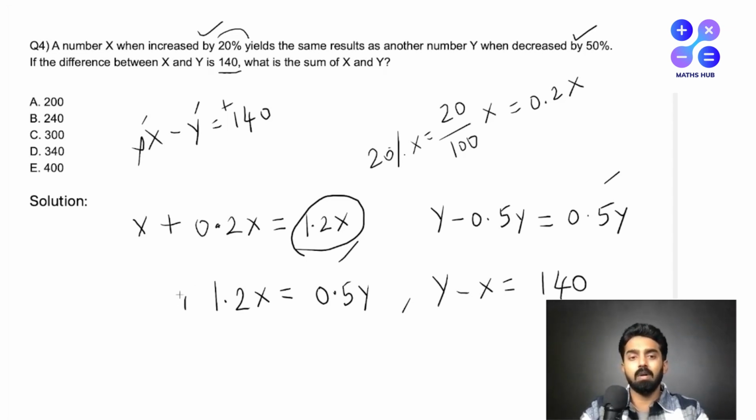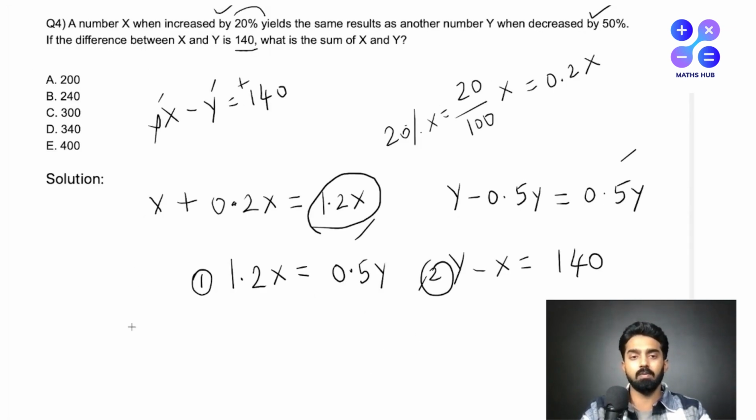So now we have equation 1, we have equation 2. They are called simultaneous equations, and we solve them. We get the answers for the two variables, right? So let's do that. Great. So first equation is this, second equation is this. What I'm going to do here is make sure that I can cancel these two out, right? So I'm going to write 0.5y minus 1.2x equals 0.